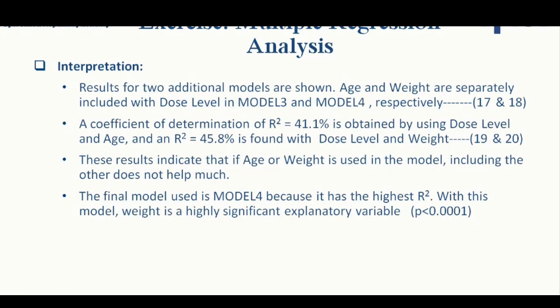Now, the only thing remaining which I wanted to tell you is that in place of the coefficient of determination R square, we use the adjusted coefficient of determination, that is, adjusted R square. Now, what happens in case of multiple regression, you may go on taking data on a number of variables.